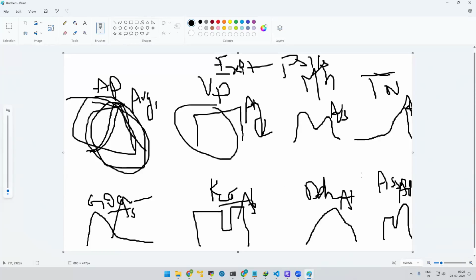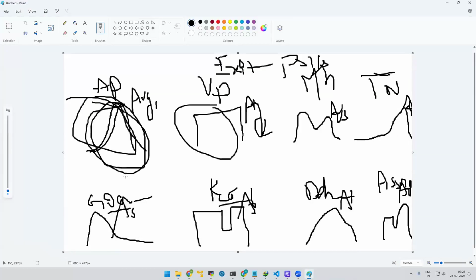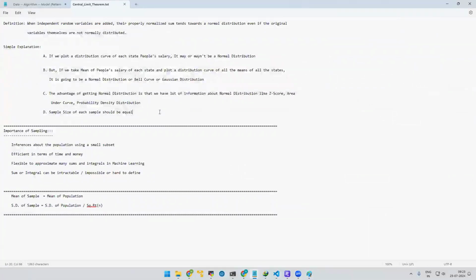Any questions up to here? No, sir. Now, if we plot a graph of all these averages, we are taking only the averages here, the distribution curve is going to be a normal distribution. That is what the central limit theorem says.